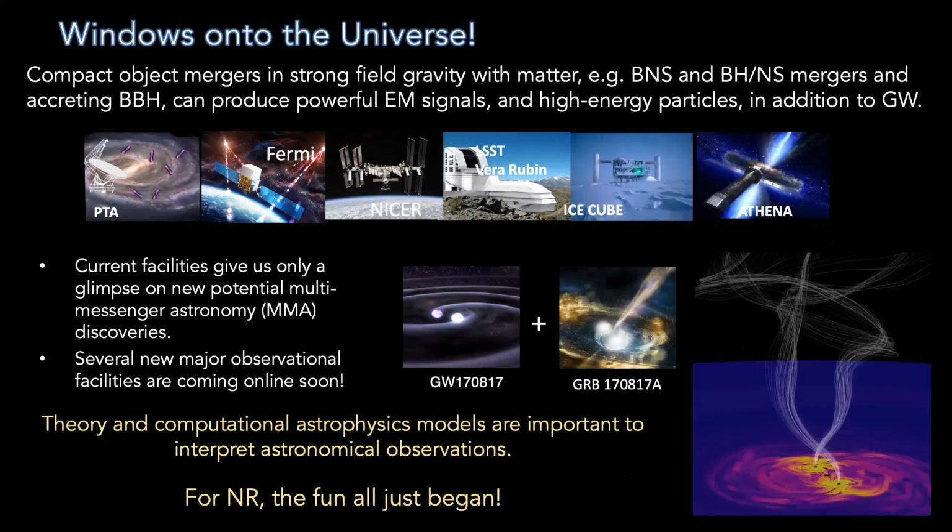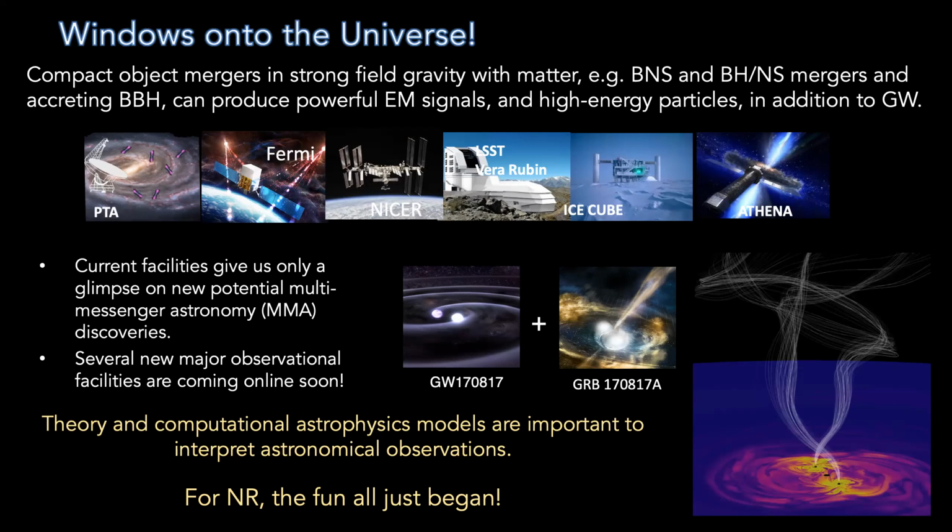So as Zach mentioned, numerical relativity is interested in opening a window into the universe because obviously we are modeling compact objects in strong field gravity, and often there is also matter around. So we are talking about also modeling binary neutron star, black hole and neutron star systems, and possibly accreting binary black holes.